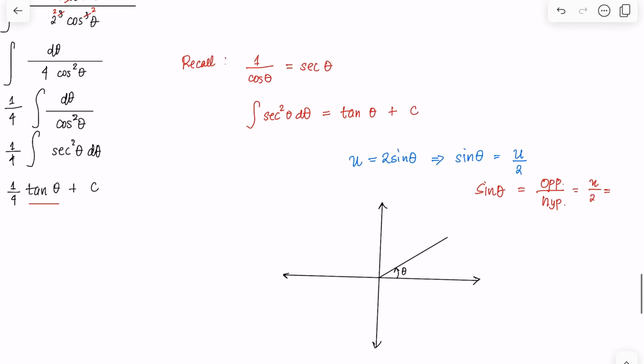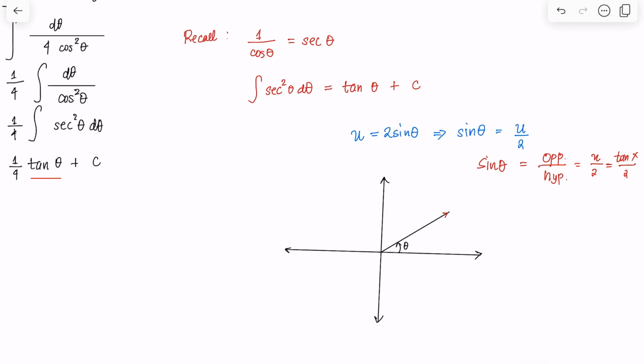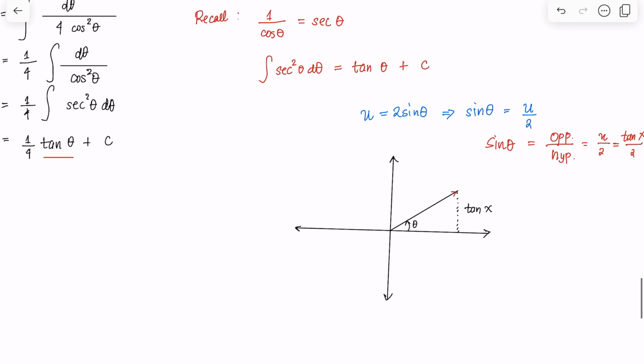So this is tan of x all over 2. Now, sine of this angle theta over here is opposite over hypotenuse. The opposite part is this one. This is the opposite with respect to that angle, and that is the tan of x. And then 2 is the hypotenuse.